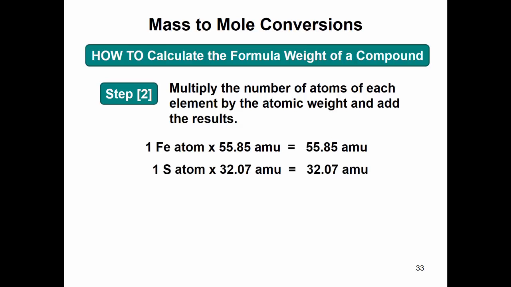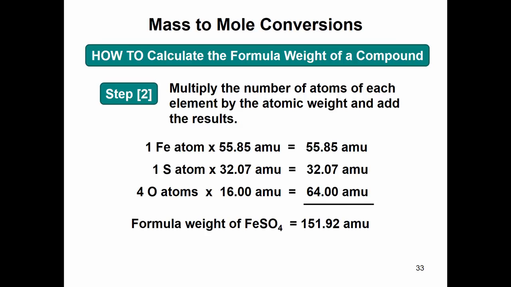You have 1 sulfur atom with an atomic weight of 32.07, and 4 oxygens, so you take 4 times 16, because 16 is the atomic weight of oxygen. Then you add those up: 55.85 plus 32.07 plus 64.00 gives you a formula weight of 151.92. Our unit here is AMU.